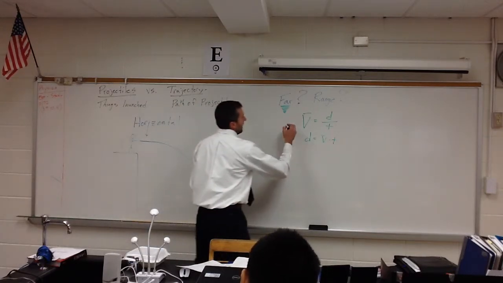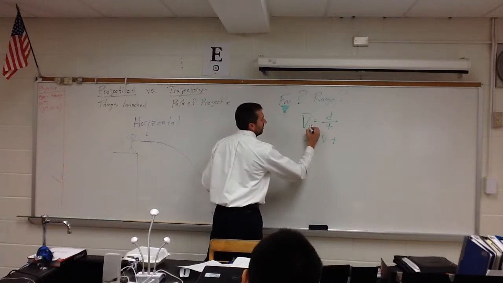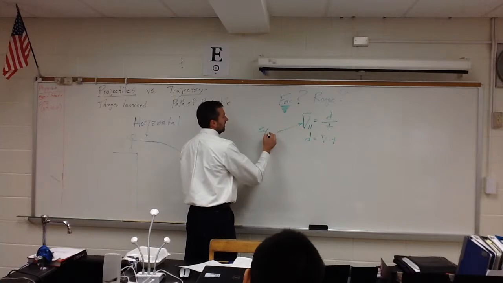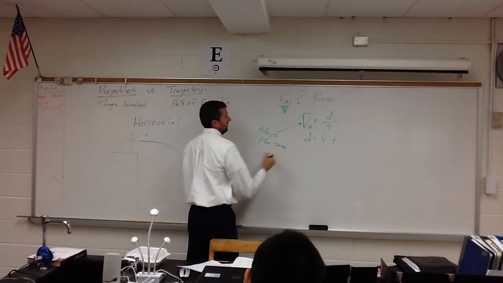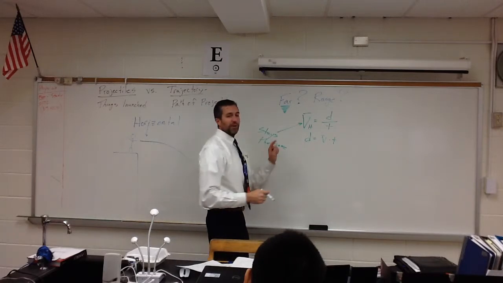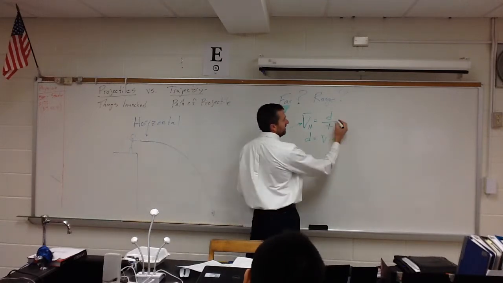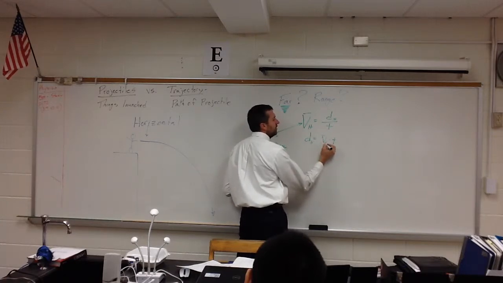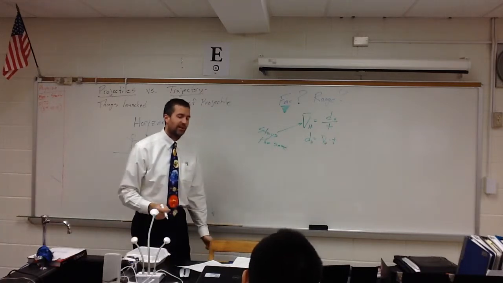Because this velocity, which I'm going to now label with an H, stays the same. That's why I can use this equation, okay? And what I'm also going to add is that this distance is horizontal. So from now on, this is not a new equation. It's still the first equation in your reference table.